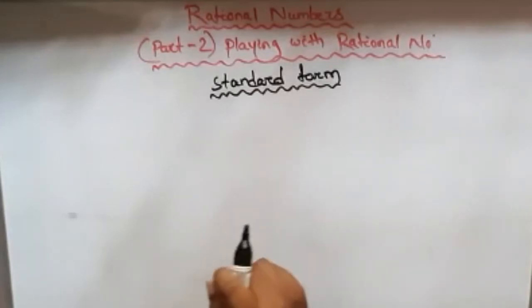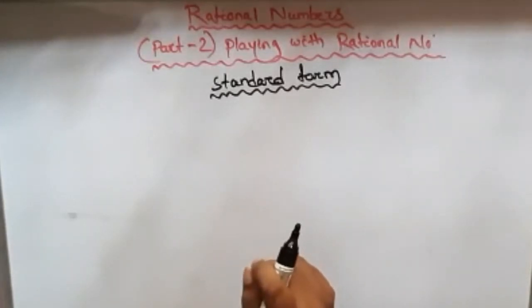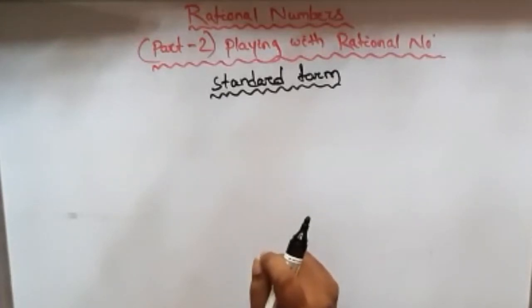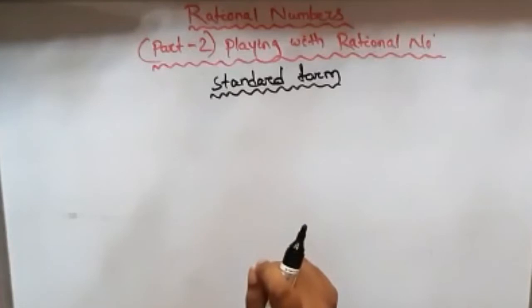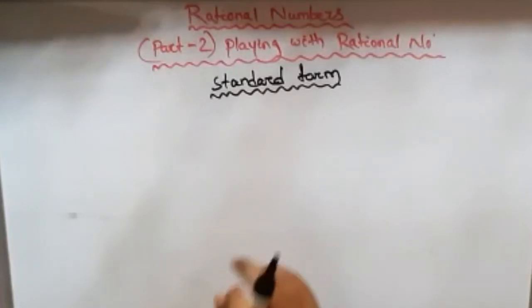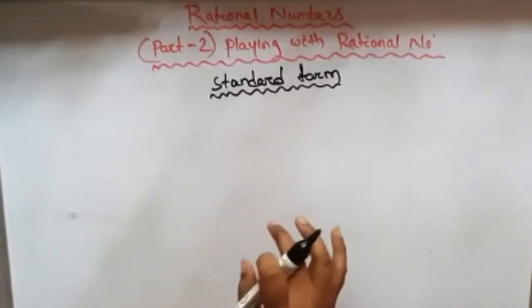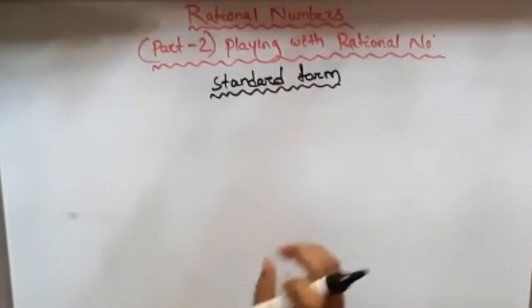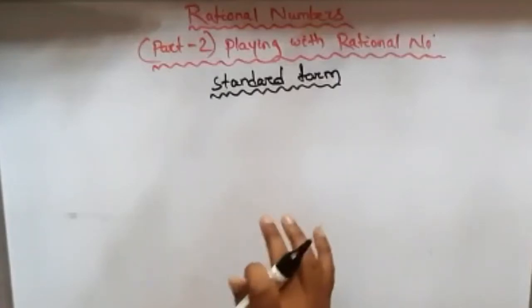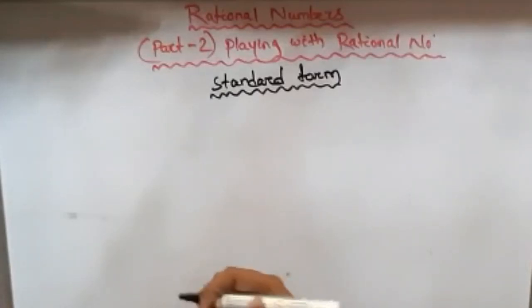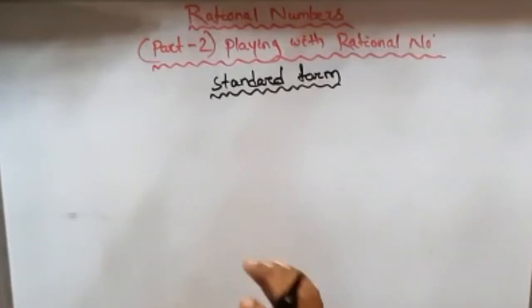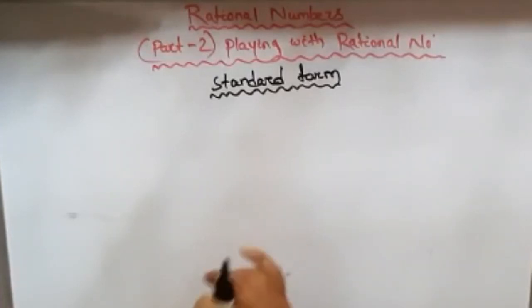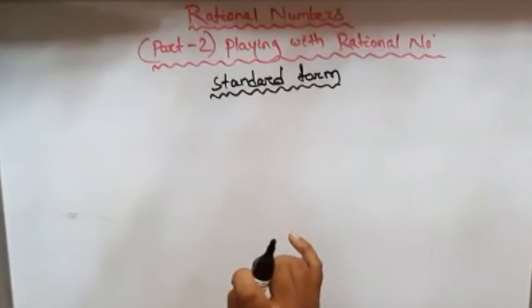The definition will be: a rational number is said to be in the standard form if its denominator is a positive integer and the numerator and denominator have no common factor other than 1. In fractions we have the numerator and denominator with no common factor other than 1, but in rational numbers we are adding another point: in standard form the denominator shouldn't have the minus sign, the numerator should have the minus sign, not the denominator.